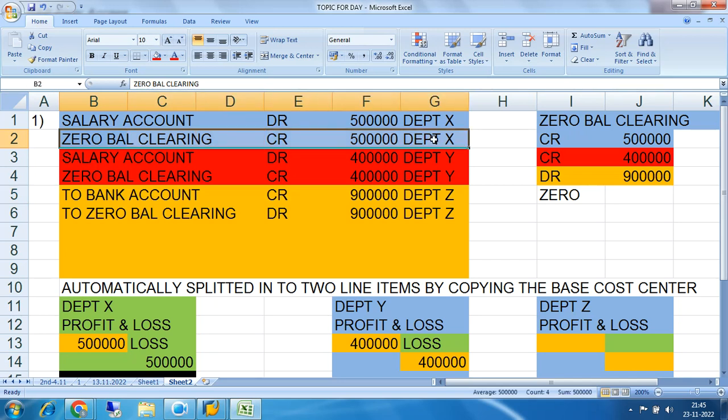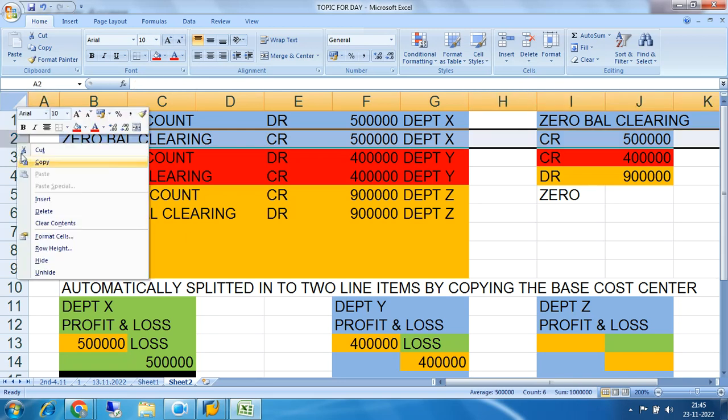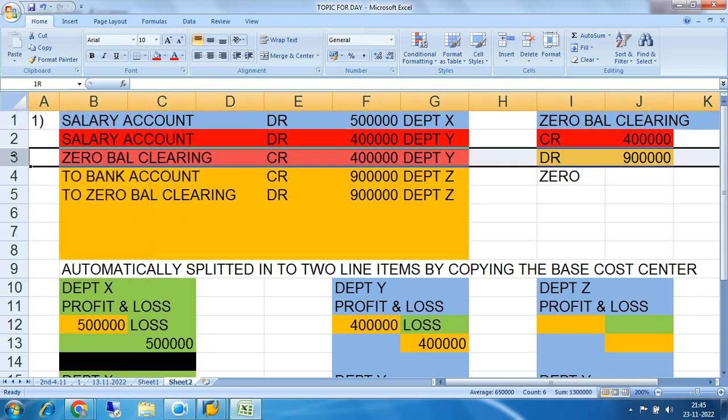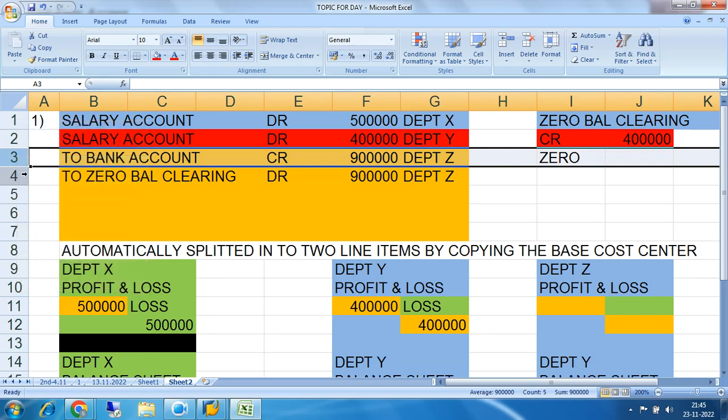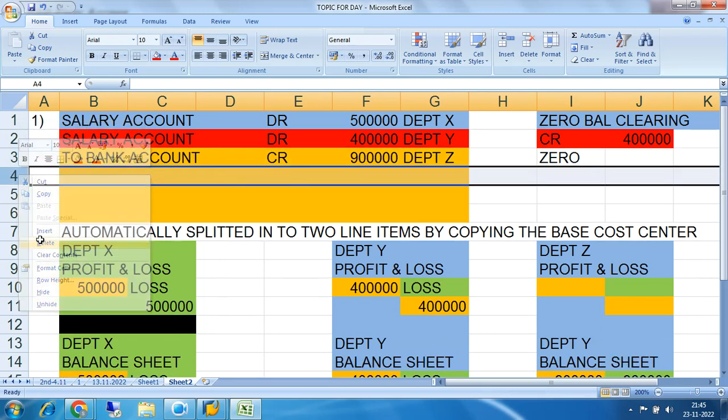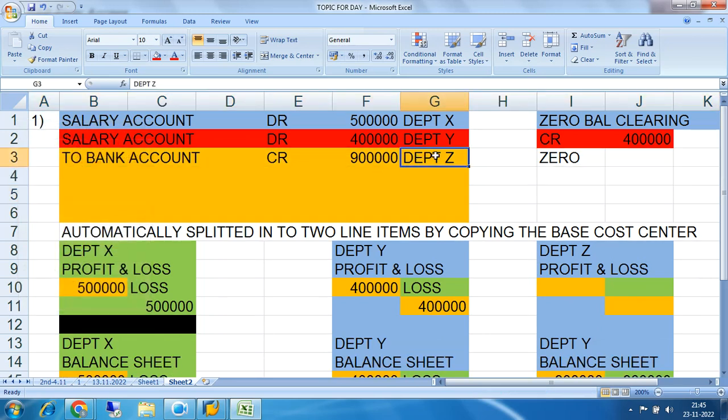In a normal case, suppose this zero balance clearing is not there, a simple document splitting scenario. What does the user do? If I am a user, I am supposed to pass this entry: salary account debit 5 lakhs, cost center department X, salary account debit 4 lakhs, cost center department Y, to bank account 9 lakhs. That's it.